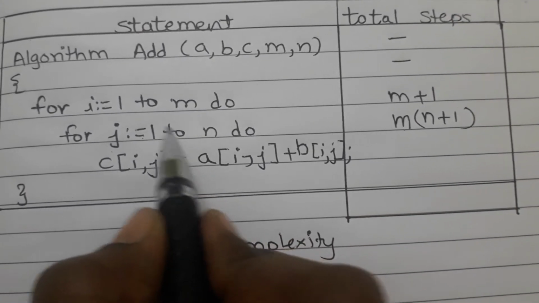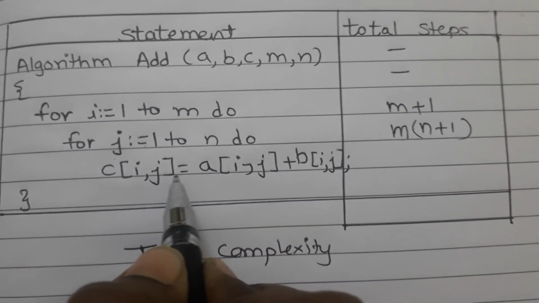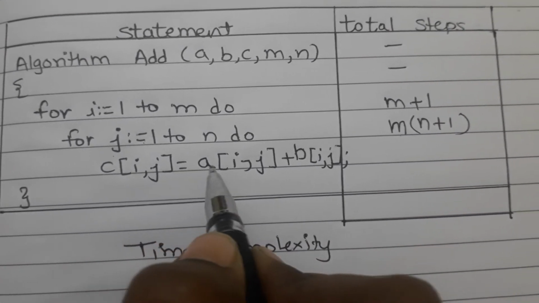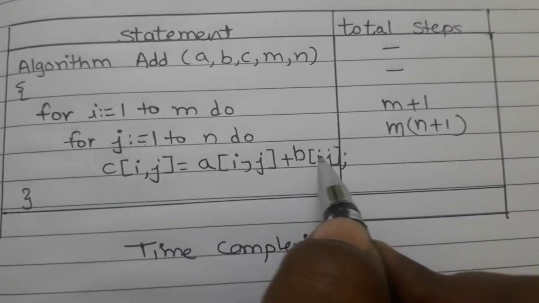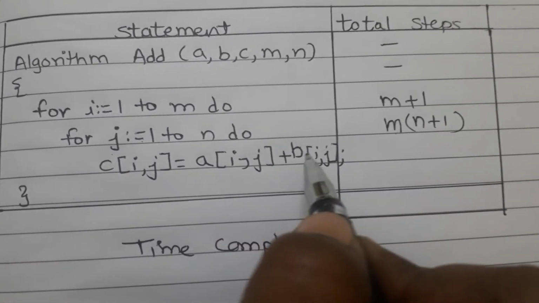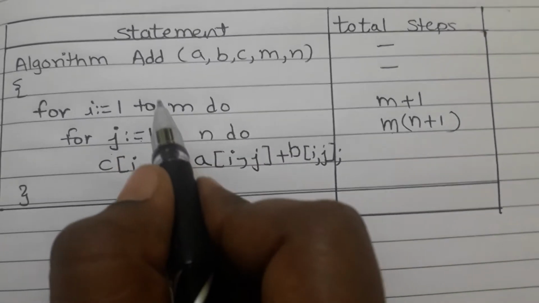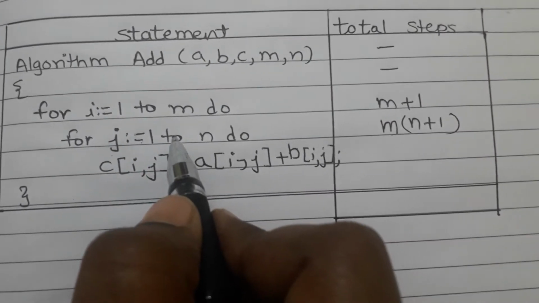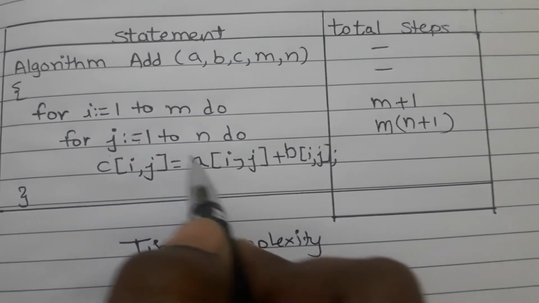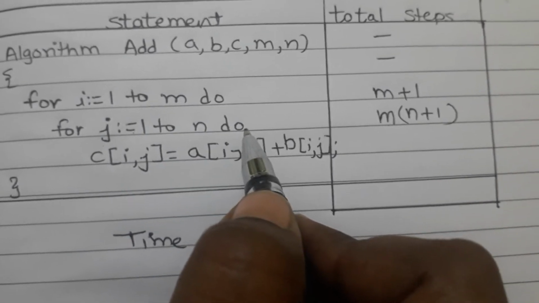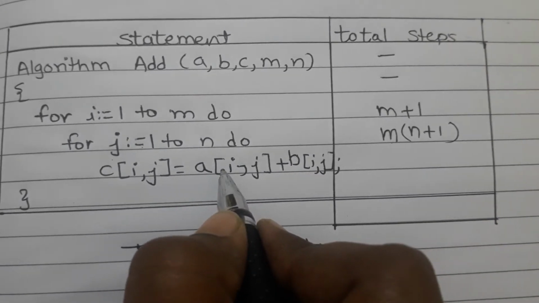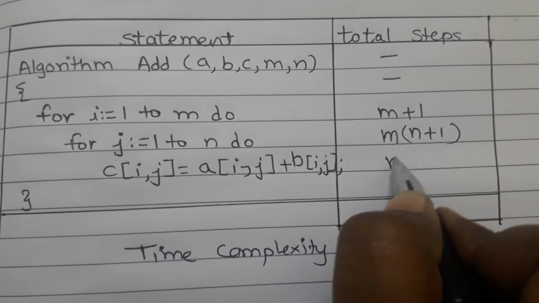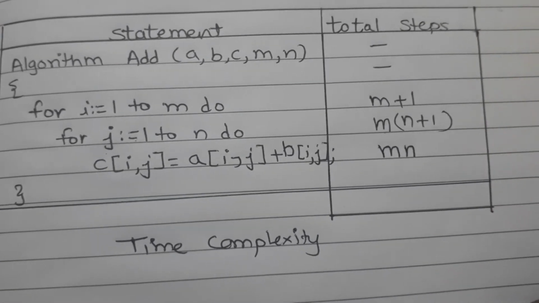Now this third statement, that is C of ij is equal to A of ij plus B of ij, is present in between these two for loops. It is present in the nested for loop, so this statement will be executed mn times.